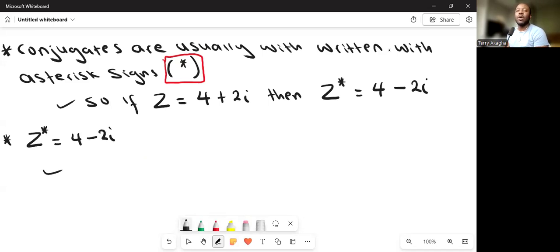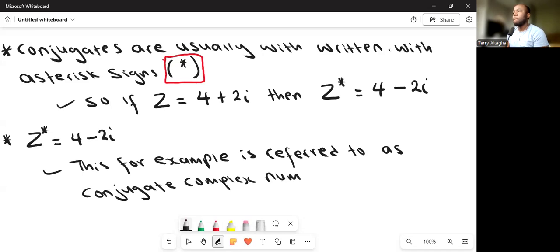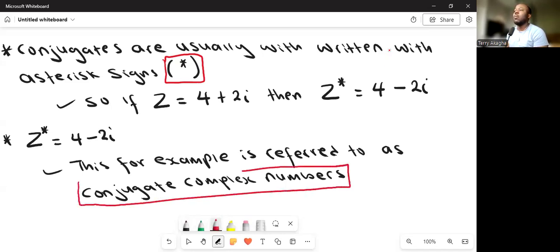This pair is what we call the conjugate complex numbers. So those complex numbers are referred to as conjugate complex numbers.